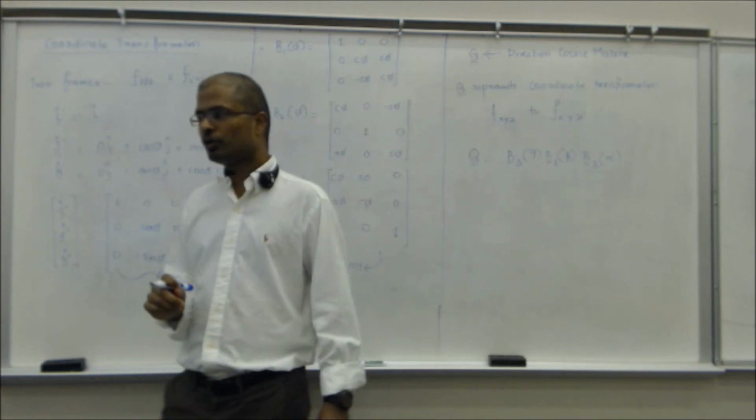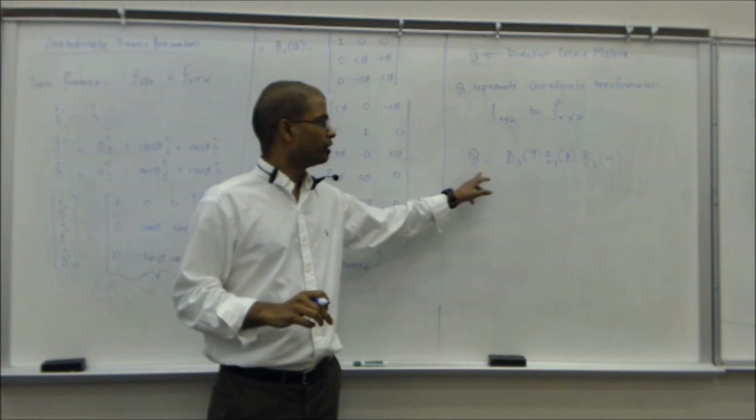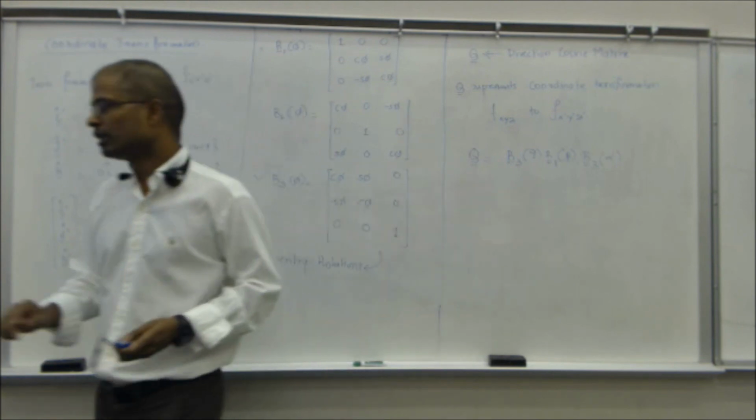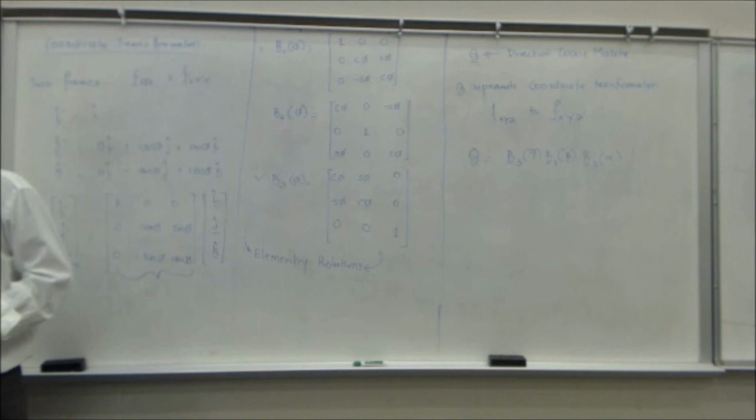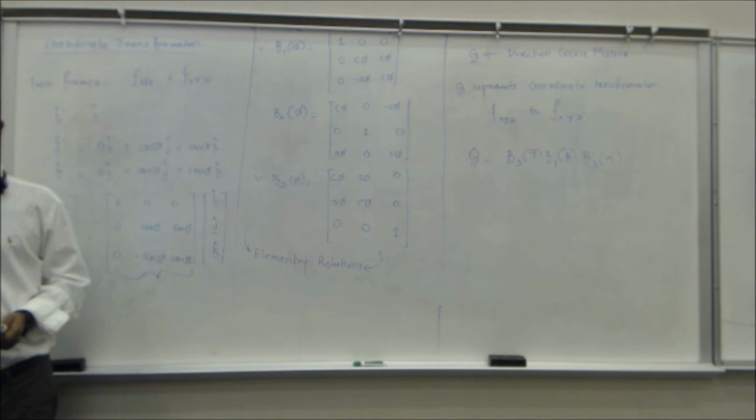Okay. If you do these matrix multiplications, you're going to get the coordinate transformation. So this Q will essentially take you from X, Y, Z to X prime, Y prime, Z prime.